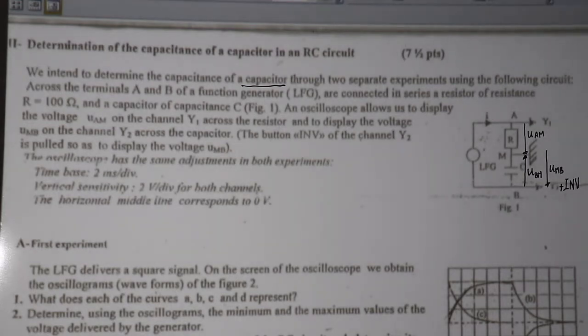What does this mean? This means that the line at the middle of the screen represents voltage 0, so that above this line the voltage is positive, and below this line the voltage is negative.